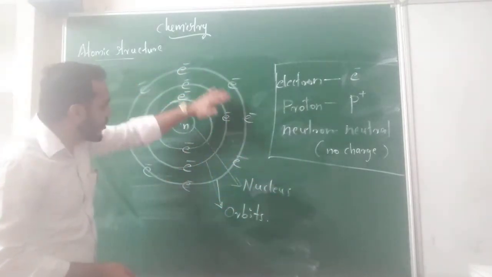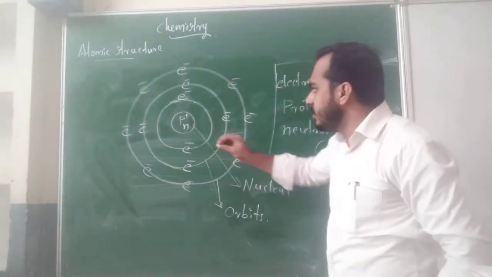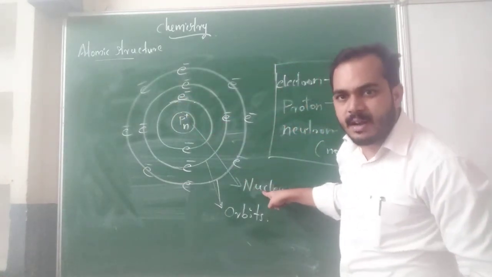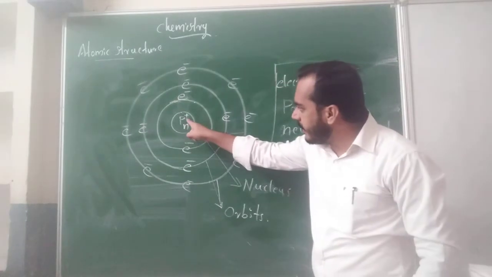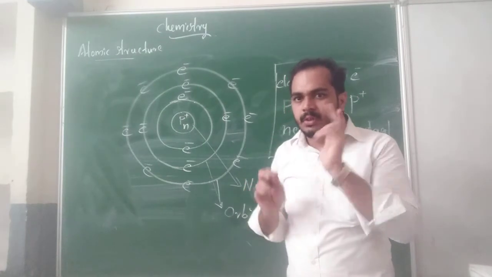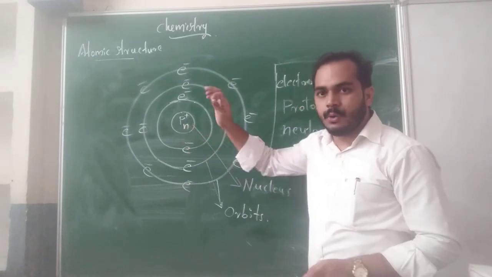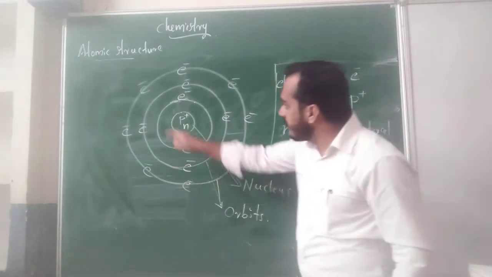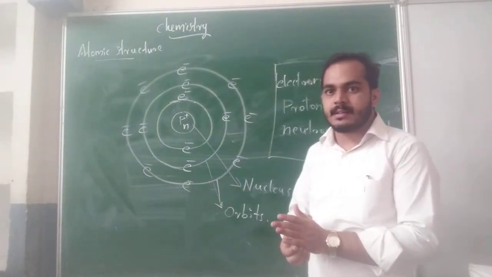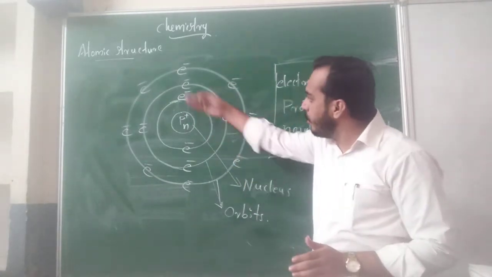Here I have given one structure, the atomic structure. The center is called the nucleus. The nucleus contains the proton and the neutron. So inside the nucleus there are two subatomic particles: the first one proton and the second one neutron. Above the nucleus, electrons are present.